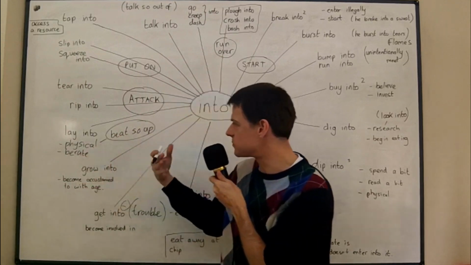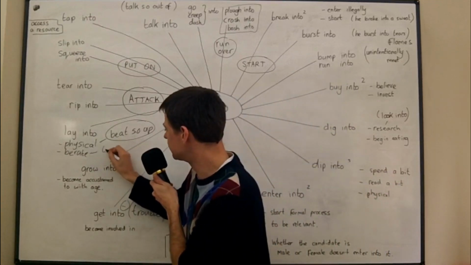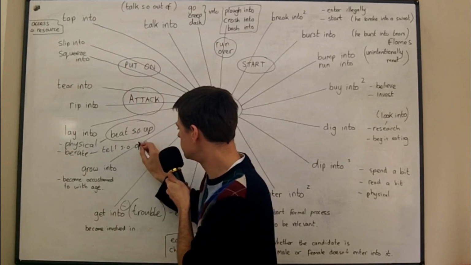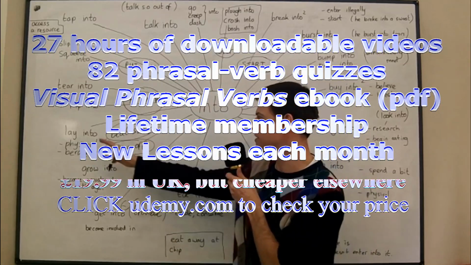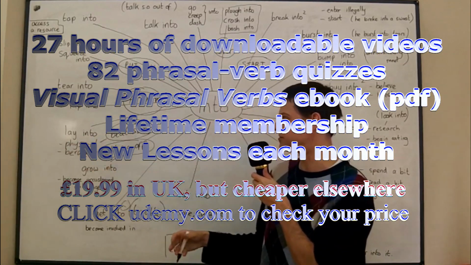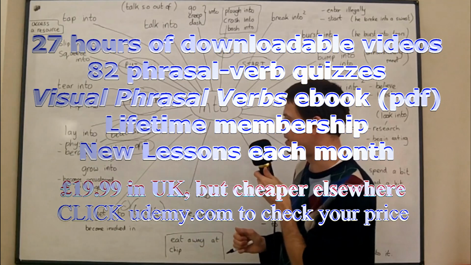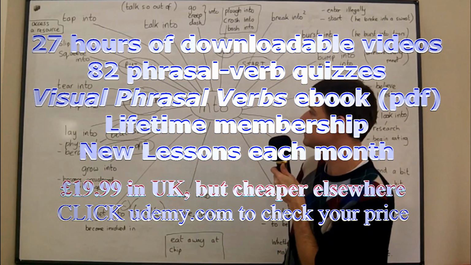Or it could mean berate or scold, meaning tell someone off. Berate is the same as tell someone off. Scold, reprimand, those kind of words. So a teacher may lay into a student for being late, but I don't think we'd mean there that he's beating him up. We would mean that he told him off, he berated him, he scolded him.